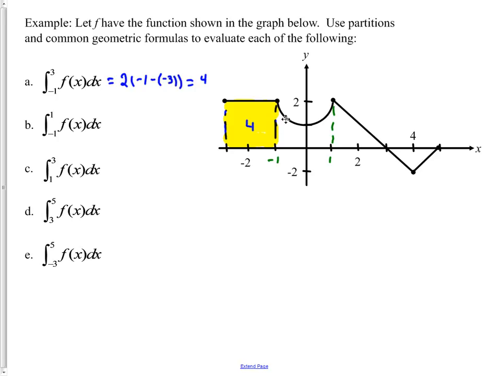Well, if we're looking to take this area, I'm going to highlight, it looks like we can say that we've got the area of a rectangle. And I won't bother doing the subtraction right here. You already know that that would be that rectangle with a width of 2 and a height of 2. But we're going to subtract from it a semicircle, and it looks to be a semicircle with a radius of 1.